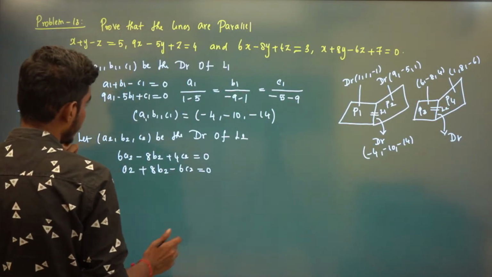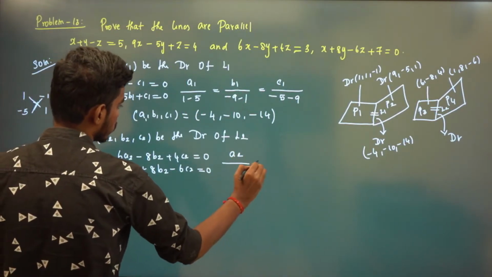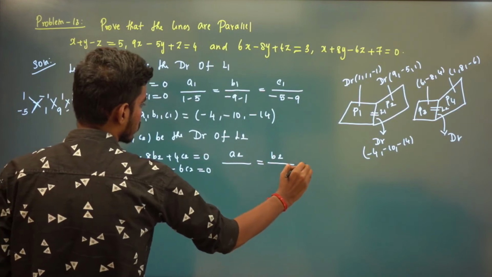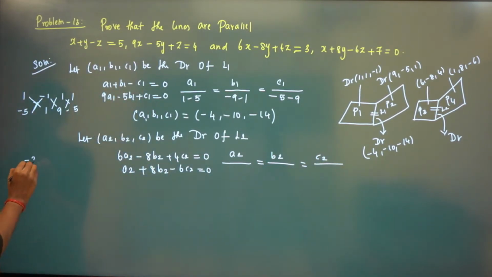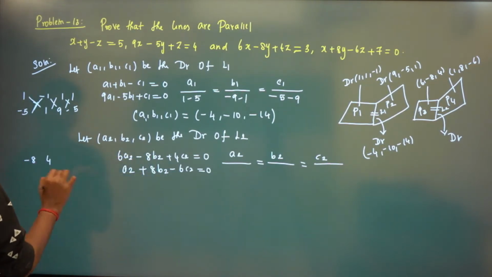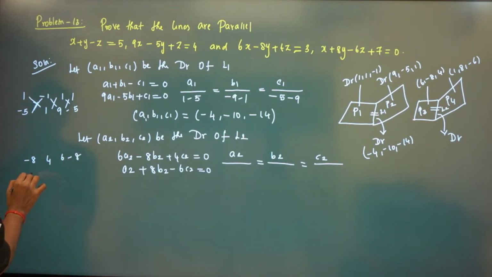Okay, now solve for A2, B2, C2. So minus 8, 4, 6, minus 8, 8, minus 6, 1, 8.